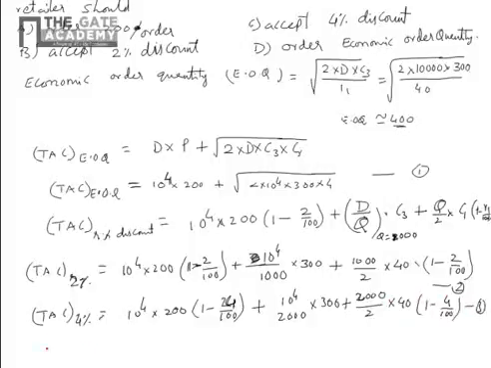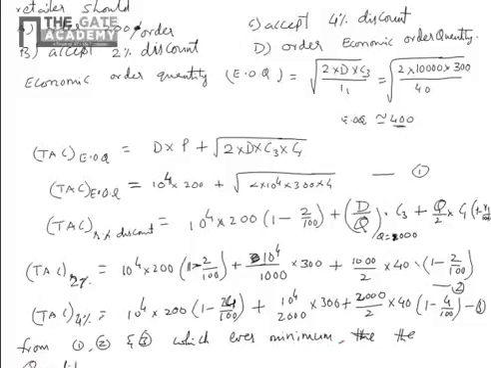So out of these three, 1, 2 and 3, whichever is minimum, the quantity Q corresponding to that value is the ordering quantity.